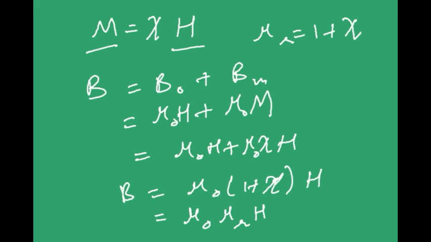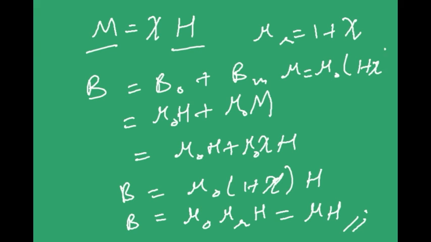So my net magnetic field is mu naught into mu r into H. I can also write this as mu H in a simple way, where mu is just the magnetic permeability. It's nothing but mu naught into mu r. Or I can write mu as mu naught into 1 plus chi. Of course, it means the same thing.